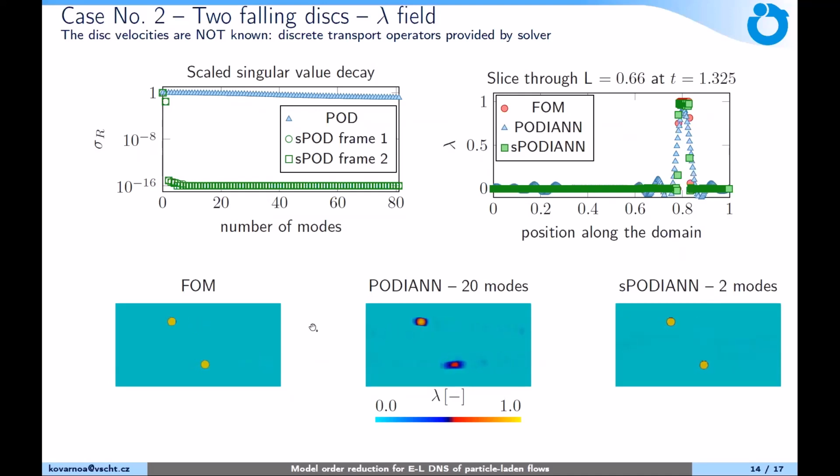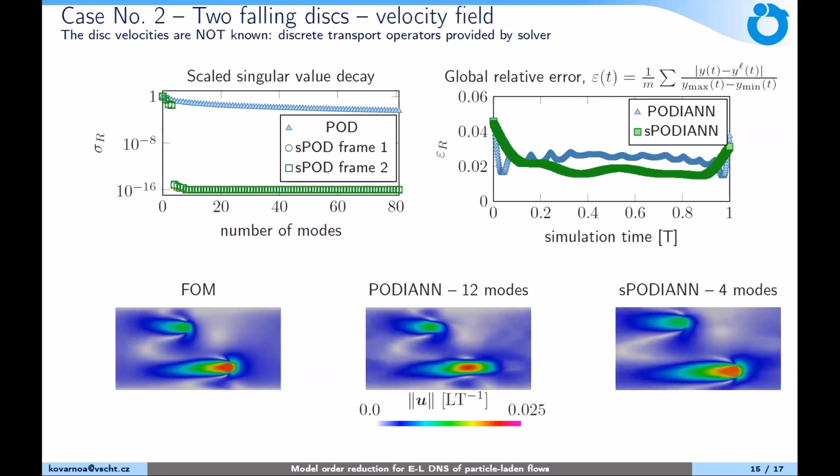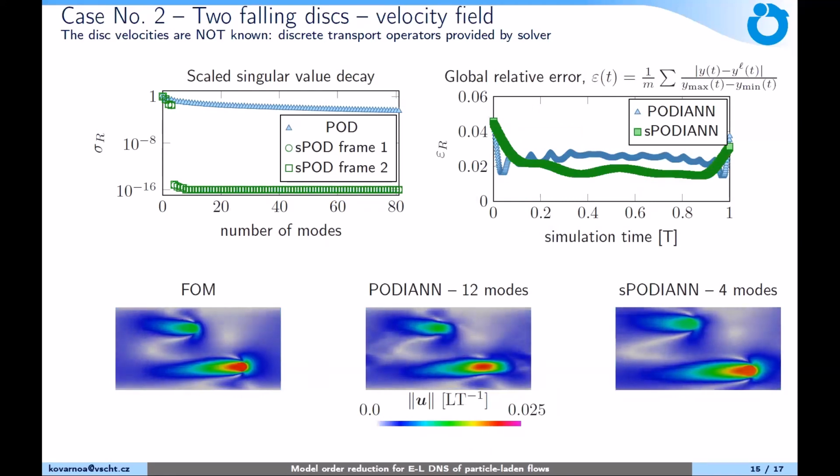That is, we only had discrete information, only discrete transport operators for shifted POD. We solved it by using another neural network to also interpolate between the positions to get time-continuous shifts as well. And again, a pretty similar thing for the velocity field generated by the movement.